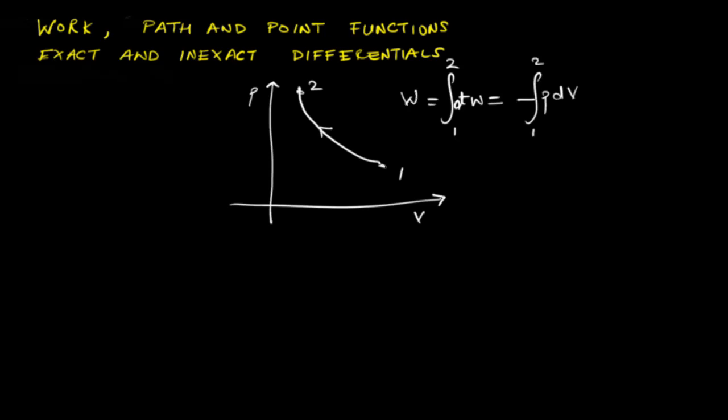So the work that is done during this process is different than work that is done, let's say, in a different process where a different path is taken on this PV diagram.